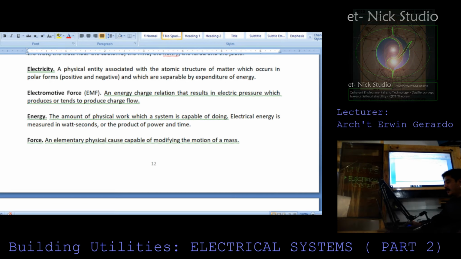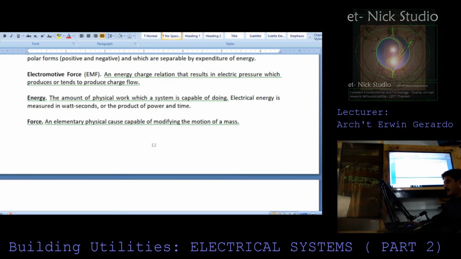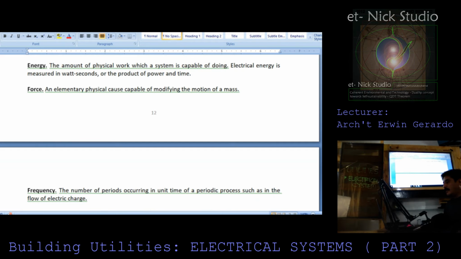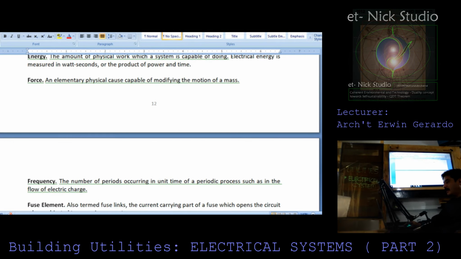Electromotive force, abbreviated as EMF, is an energy charge relation that results in electric pressure, which produces or tends to produce charge flow. Energy is the amount of physical work which a system is capable of doing. Electrical energy is measured in watt-seconds, or the product of power and time.